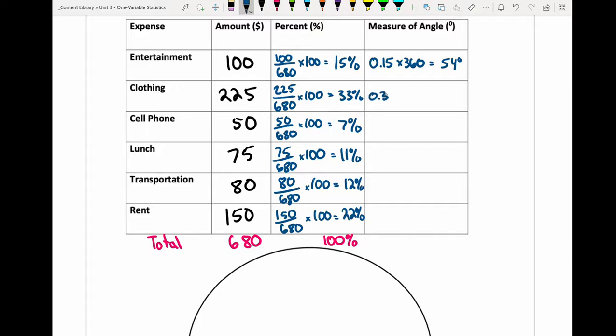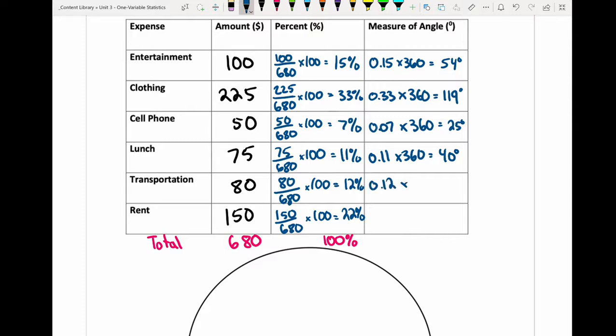So 0.33 times 360, 0.07 times 360, 0.11 times 360, and again we're taking approximates here, right? There may be some decimals, but we're just rounding everything.